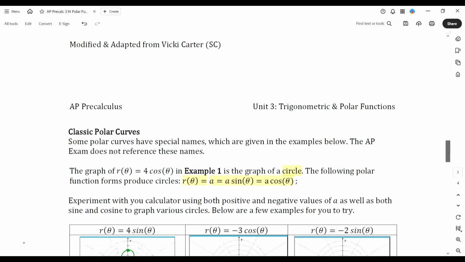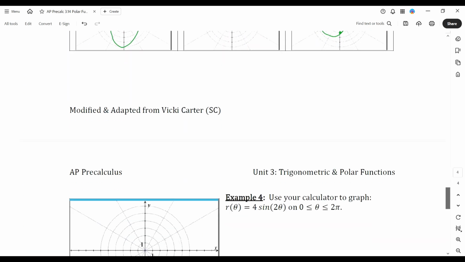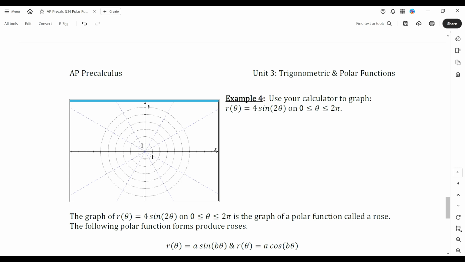Sine looks a little bit different. With the 2 on the inside, there are still going to be 4 petals, but these petals are going to go in between each quadrant.